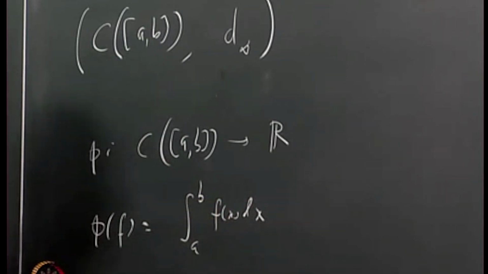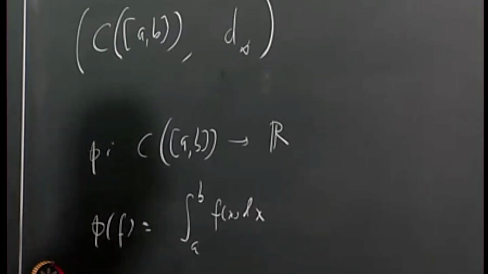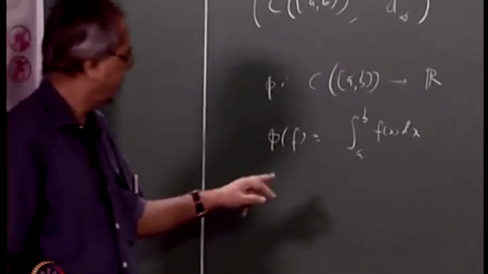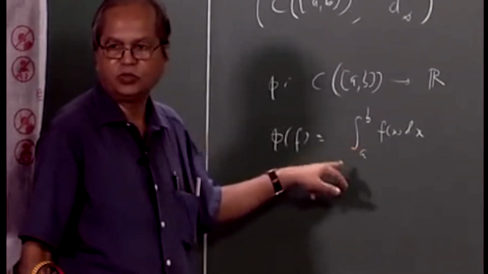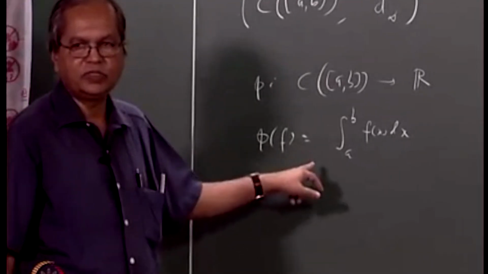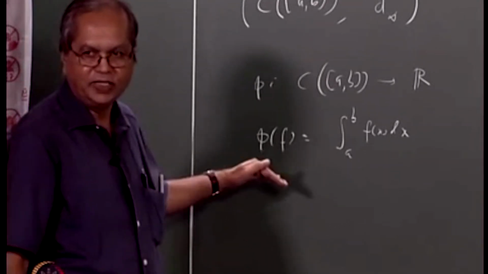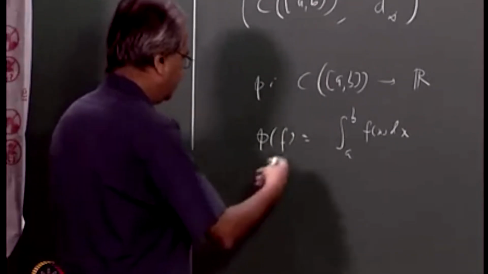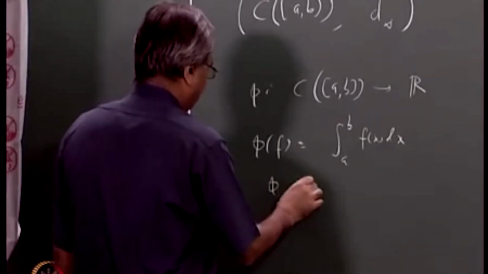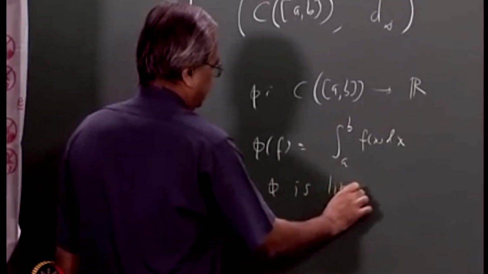Then you already know that this is a linear functional. Following the various theorems about integration that we proved, phi of f1 plus f2 is phi f1 plus phi f2, and phi of alpha times f is alpha times phi of f. So phi is a linear functional, which is already known.